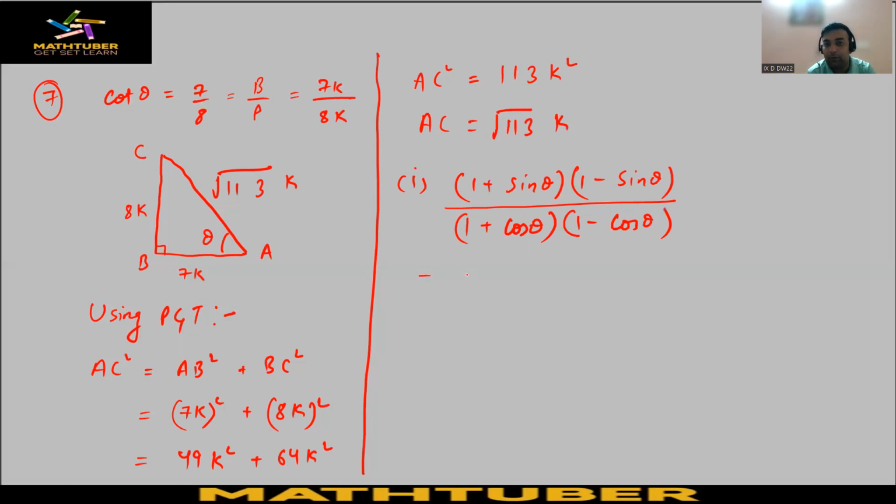So we have to put the value of sine theta and cos theta here. Sine theta is basically perpendicular upon hypotenuse, and the perpendicular here is 8k according to theta, and hypotenuse is root 113k. Similarly, 1 minus 8k upon under root 113k.